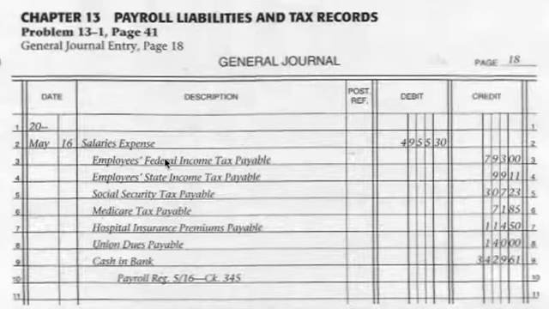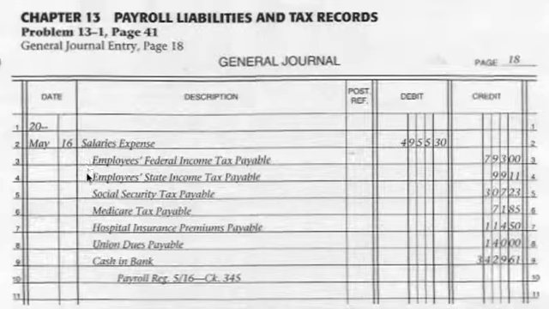You're going to then list out everything else that was recorded in the payroll register. So the employee's federal income tax payable is the federal income tax withheld found in the payroll register. The employee's state income tax payable, you'll find that in the payroll register. And these are the total amounts for all the employees.